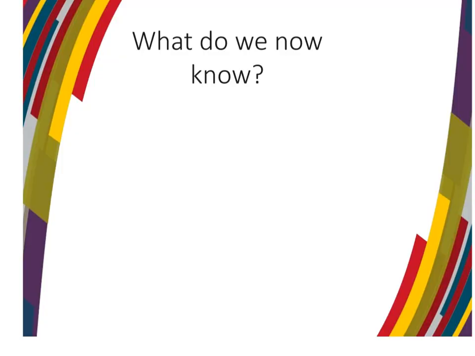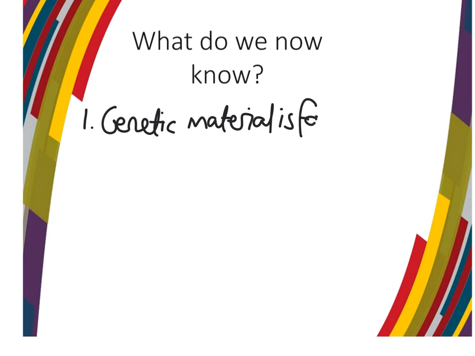So what do we now know? Let's do a quick recap of everything we have covered so far. First of all, right at the beginning we spoke about how the genetic material is found in the nucleus.